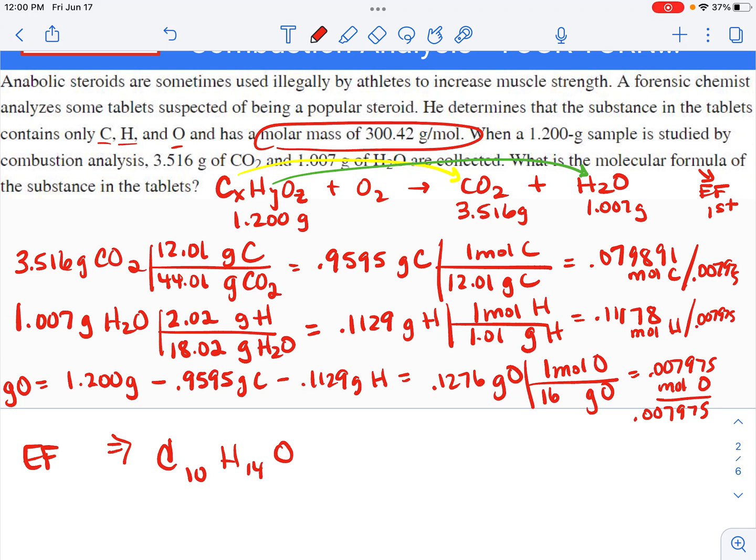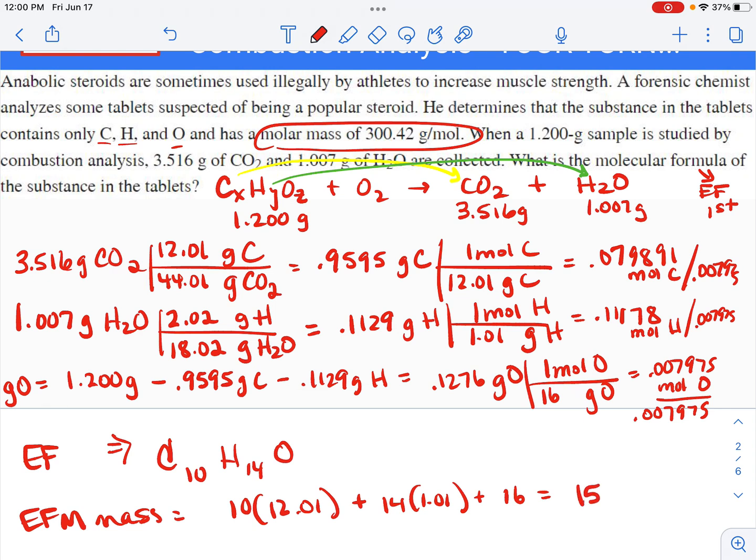But they asked me for the molecular formula. So I need to find the empirical formula mass by doing 10 times 12.01, and 14 times 1.01, and 16 times 1 for the oxygen, and that gives me an empirical formula mass of about 150, it's like 150.24.